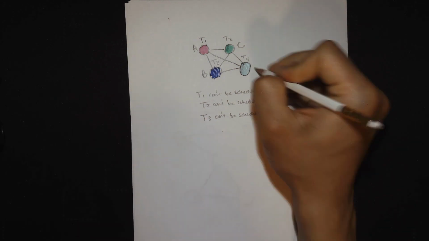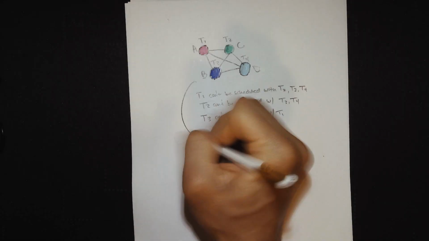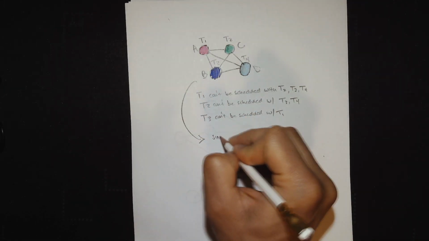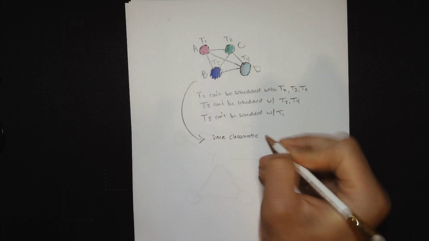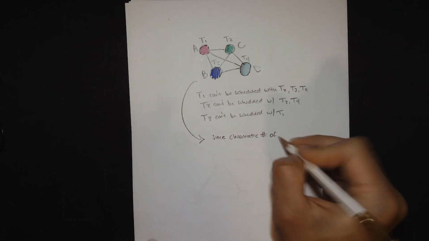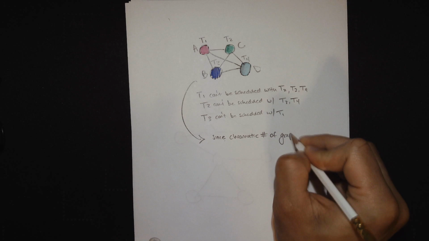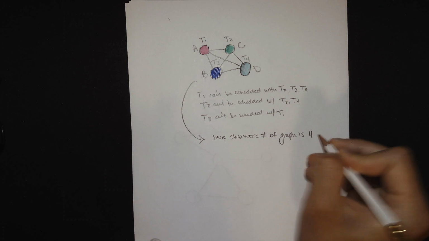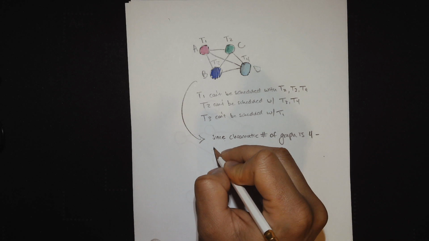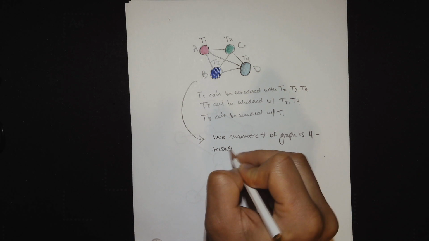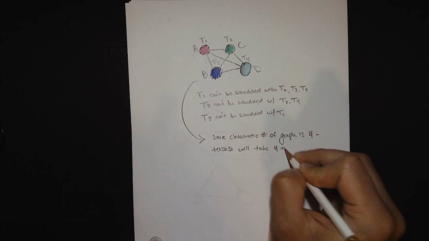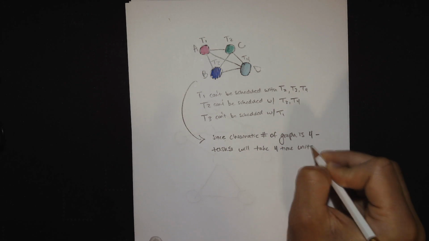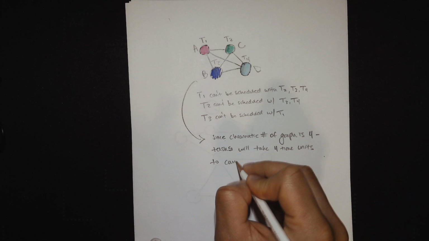So that means it's going to take 4 time units, since the chromatic number of the graph is 4, so the tasks will take 4 time units to complete.